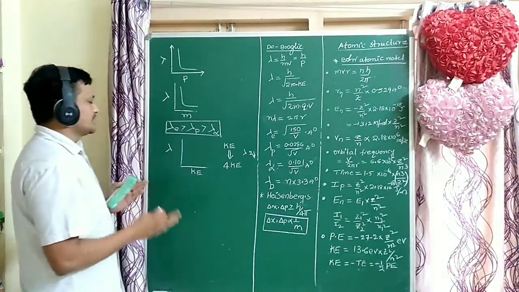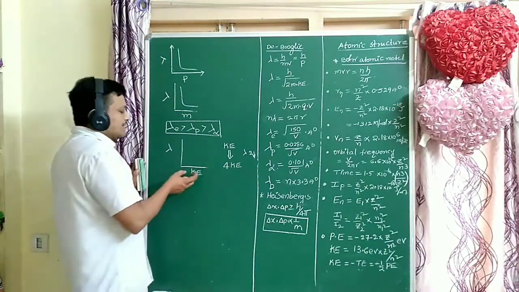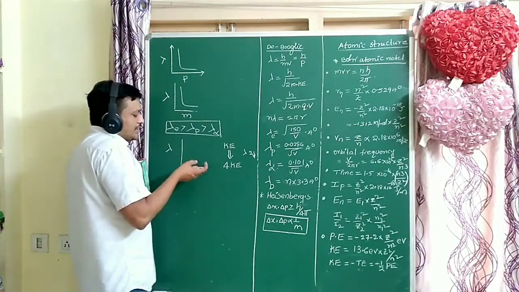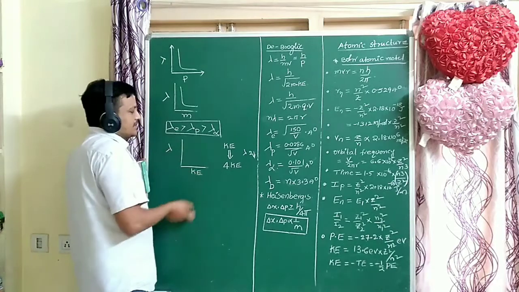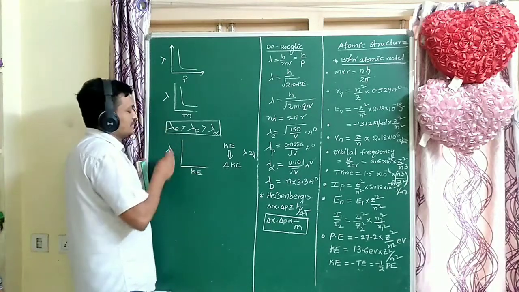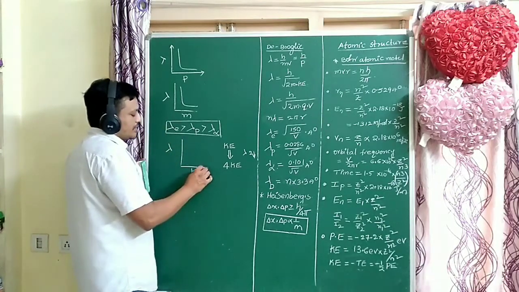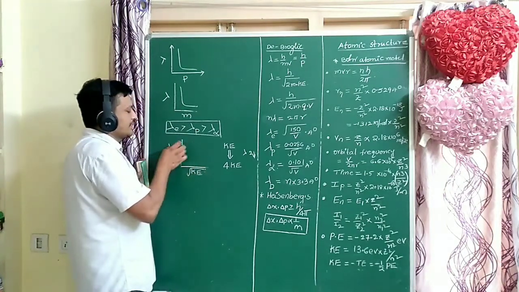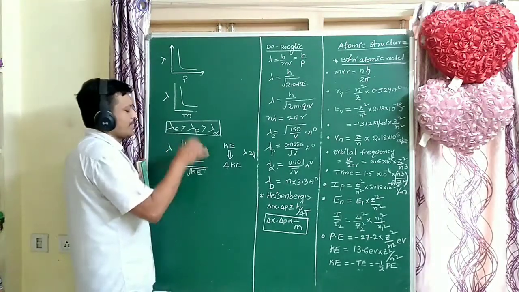So what is the relation between these two? As the kinetic energy of the particle increases, the wavelength decreases. The square root of kinetic energy and wavelength are inversely proportional.